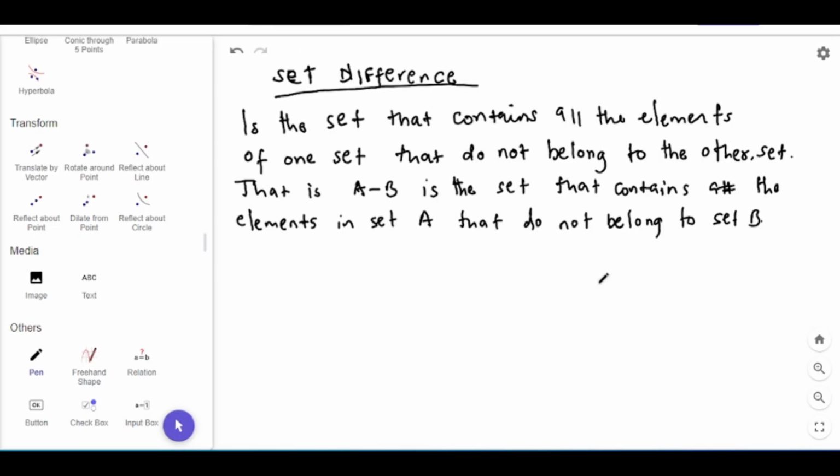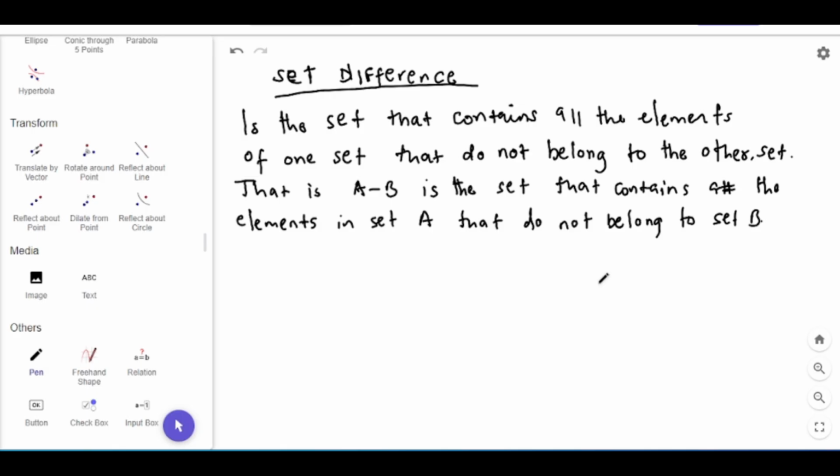Our next operation is the set difference, which is the set that contains all the elements of one set that do not belong to the other set.